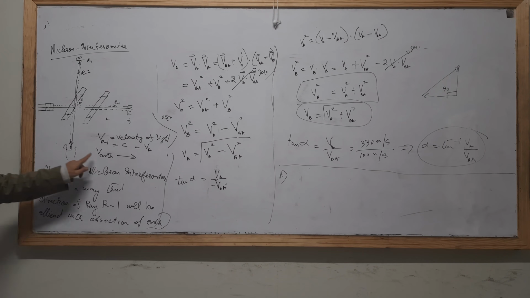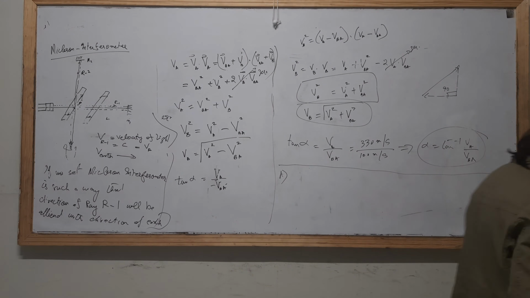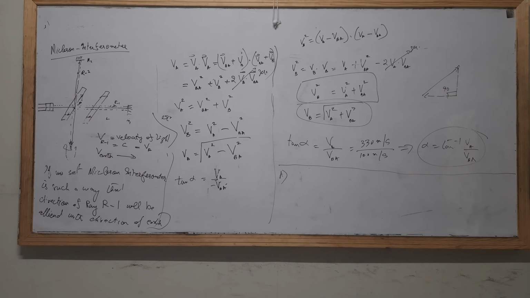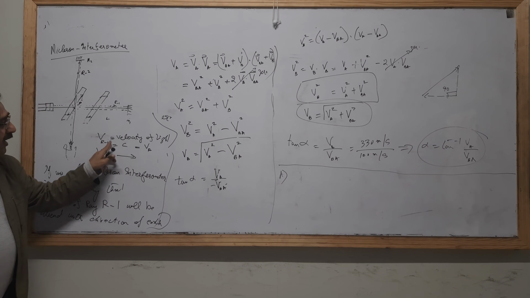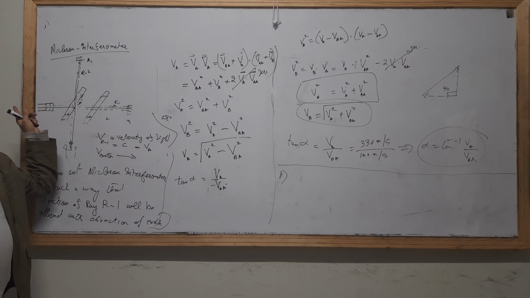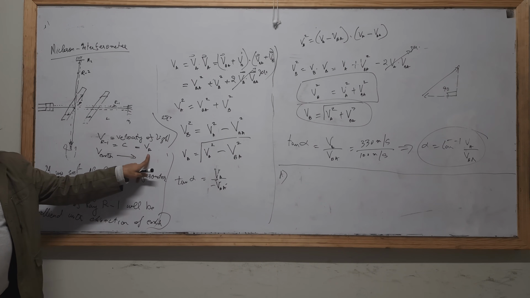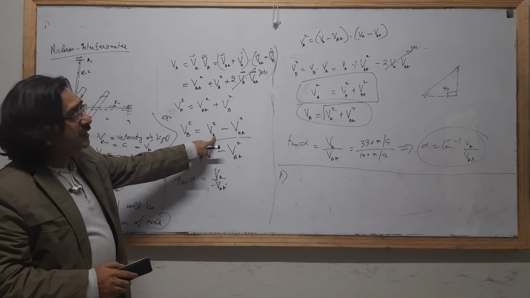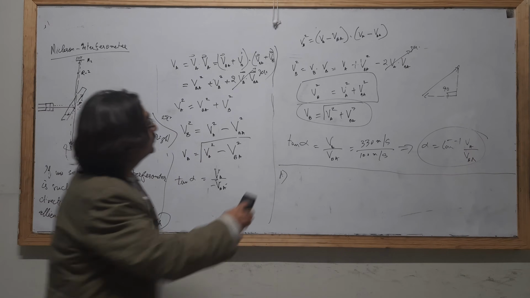This is the velocity of Earth, and the observer is standing, and the Michelson interferometer is put on the Earth, okay? So what will be the velocity of the observer? This is the velocity of light with respect to a constant observer at rest, that is VA, as we have done in the case of the speaker, okay? This is VA.